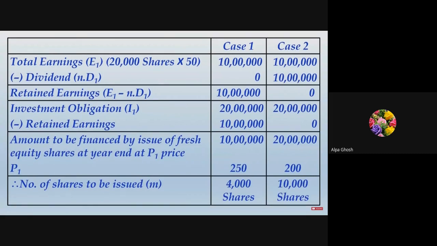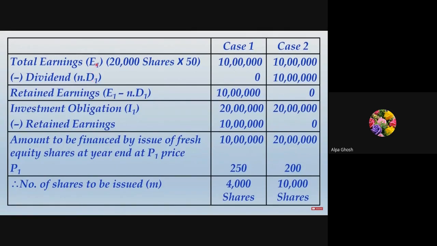Please pay attention on the screen once again so that I explain all the variables. Please look at this first variable E1 and keep in mind that, as per the model formula, it is the indicator of total earnings. D1 on the other side is dividend per share. So N into D1 will indicate total dividend.